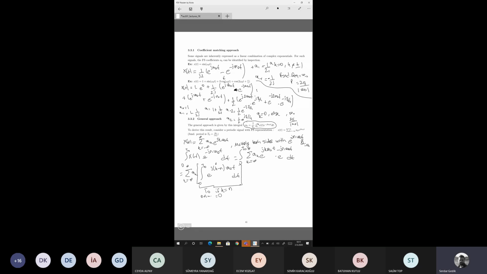Please note that there's a signal e to the power j something omega 0 t, and it is integrated over one period. This something is a scalar with respect to t.